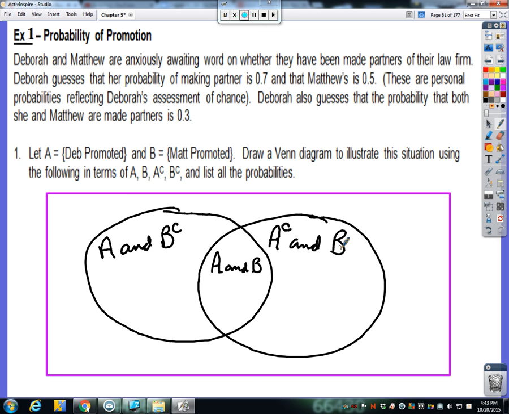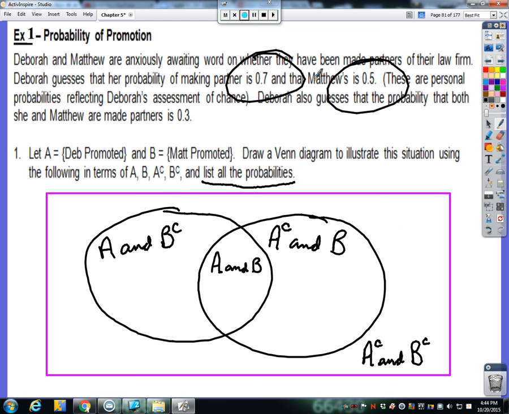It doesn't really matter what comes first and what comes second. Now there's a fourth area, which is everything on the outside of our bubbles. This would be where Deb is not promoted and Matt is not promoted. So there's our Venn diagram, but we also need to list all of the probabilities.